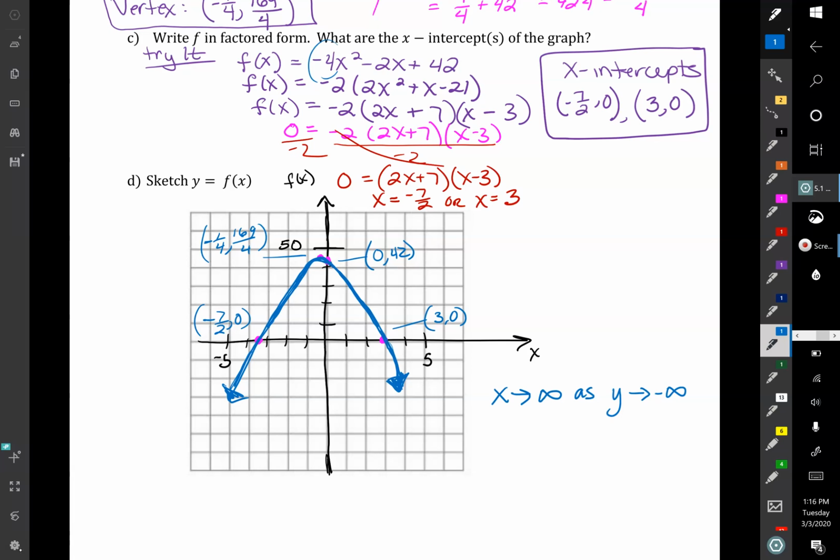And then on the left-hand side, X is approaching negative infinity, going off this way. It looks like it'll almost go straight down, but it's not. It's going to negative infinity as X approaches negative infinity. Let me talk about that in pre-calc, Math 141.